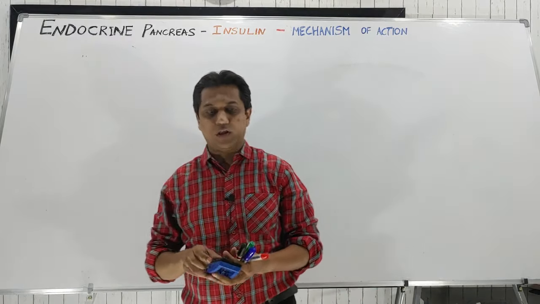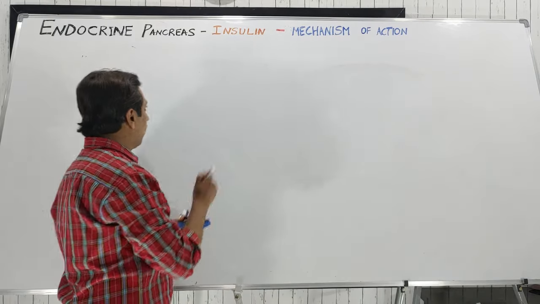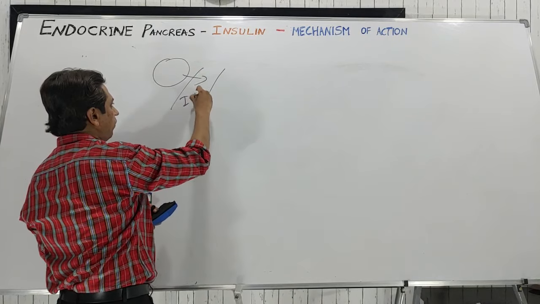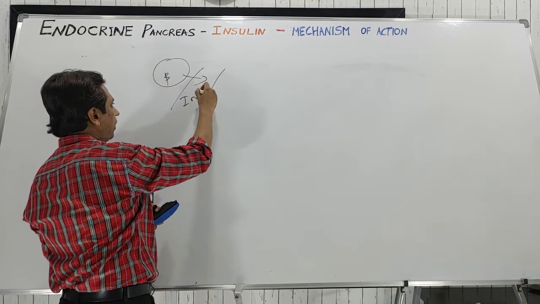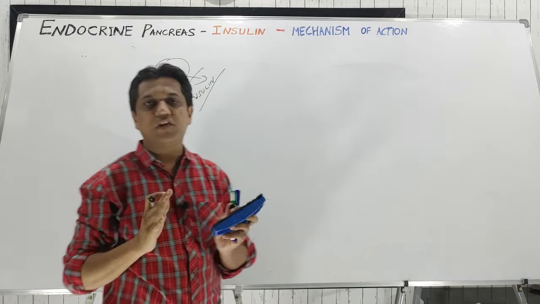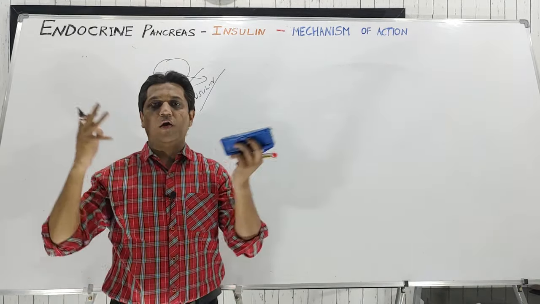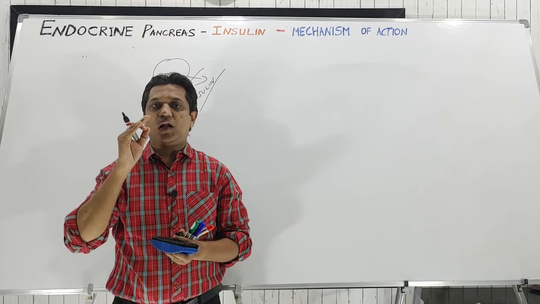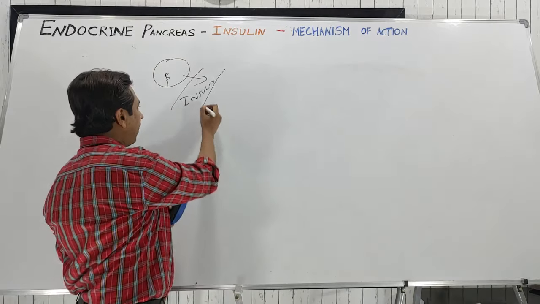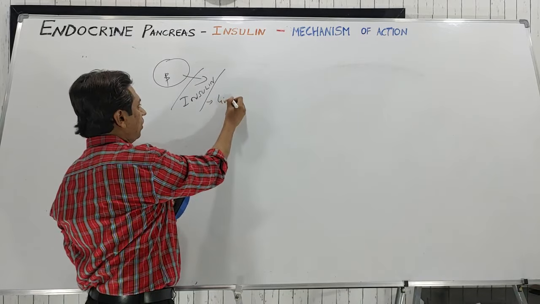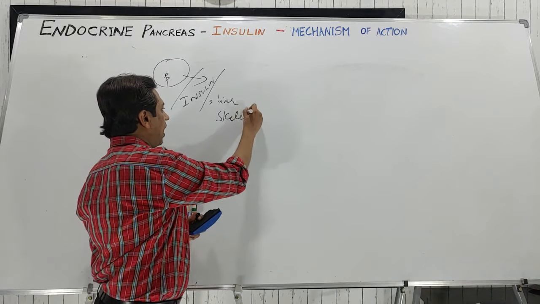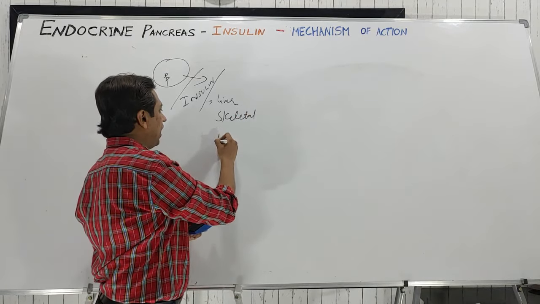As you know, insulin is secreted from the beta cells of the islets of Langerhans of the pancreas into the bloodstream. Once it is released into the bloodstream, it will go to all our body cells, but the target tissues or target organs of insulin action are the liver, striated muscles, that is the skeletal muscles or cardiac muscles, and the adipose tissue.